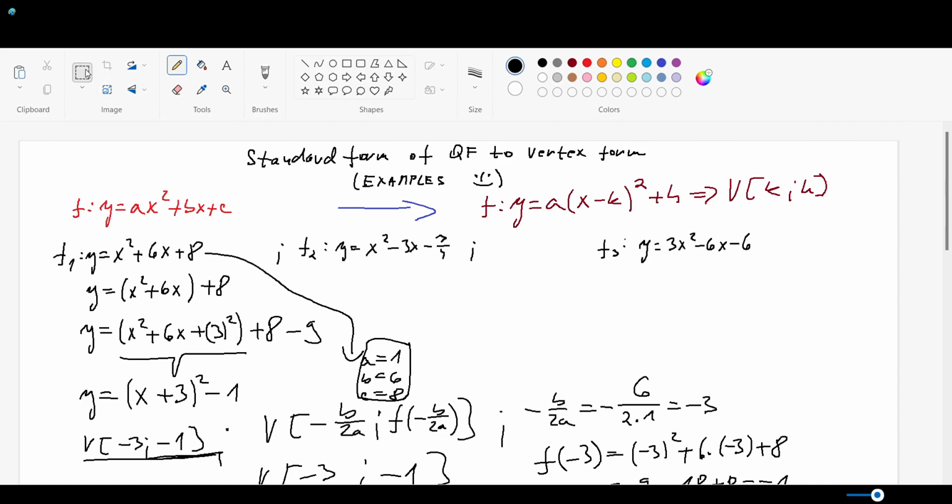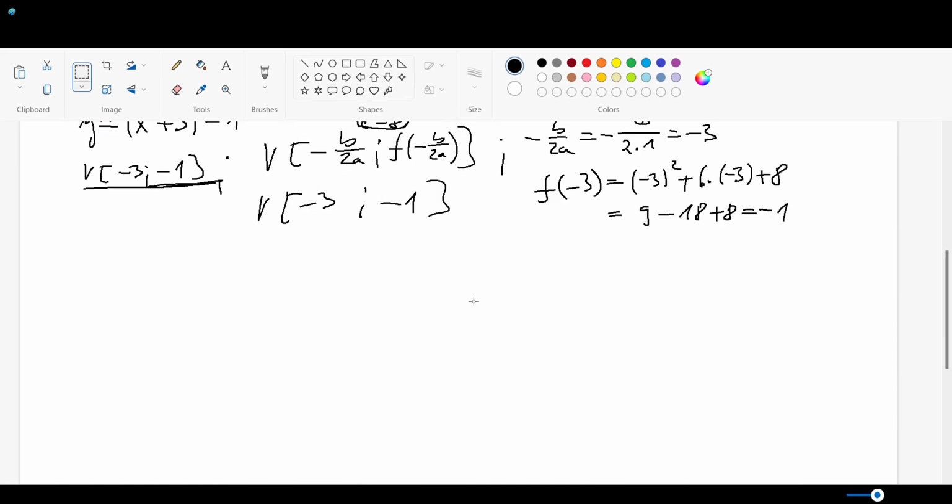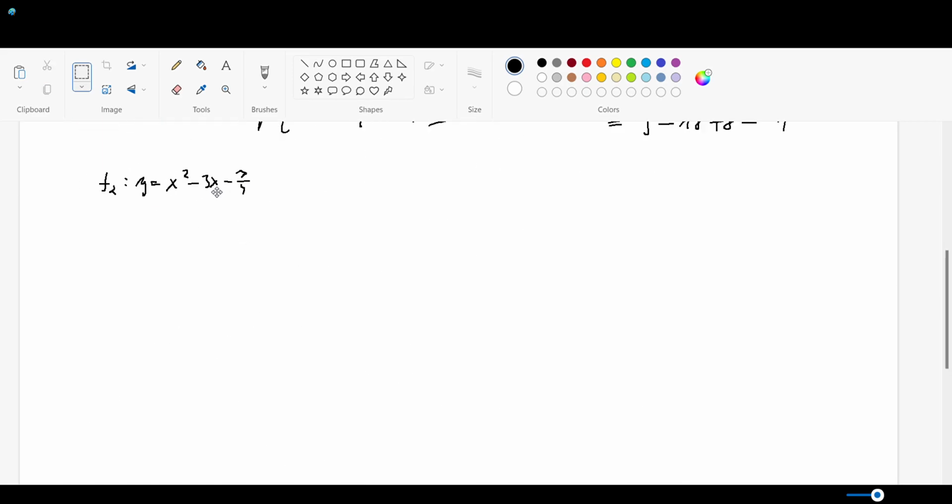Okay, let me do the same thing for the second function named f2. Let me do it down here, and we do the same procedure now. Maybe some of you are scared or afraid of this fraction 3 over negative 4.